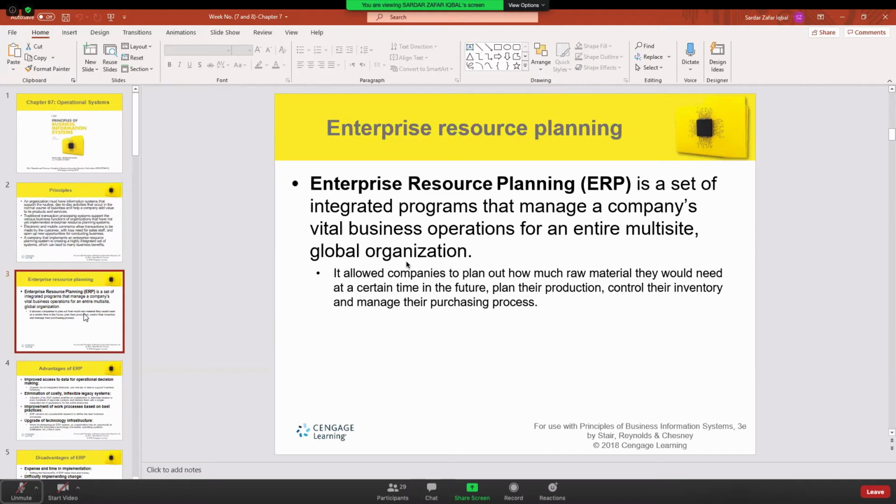So you have one global organization, or maybe multi-site different offices, but your information system will be one, and that one system consists of different integrated modules or programs. Are you with me, guys?